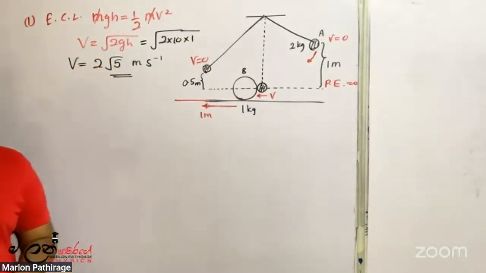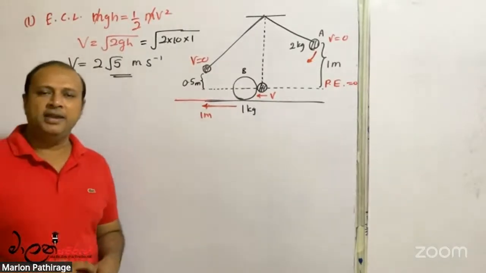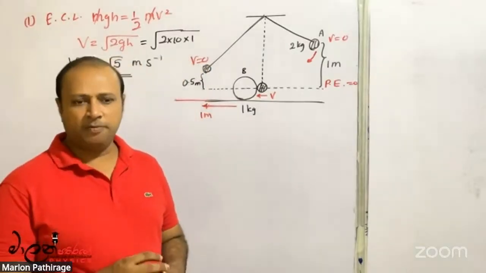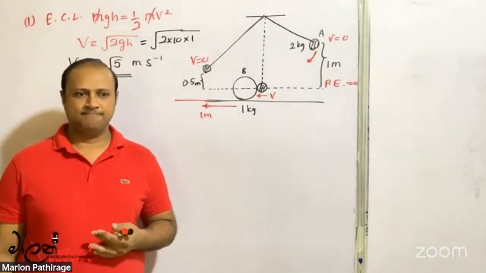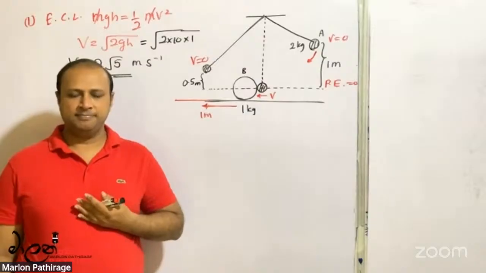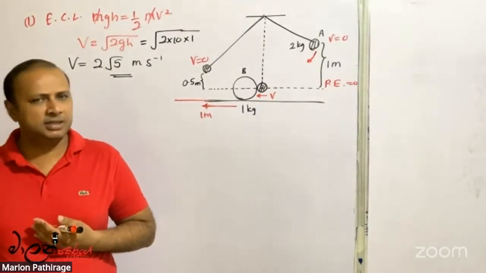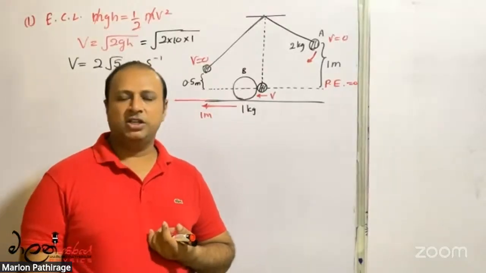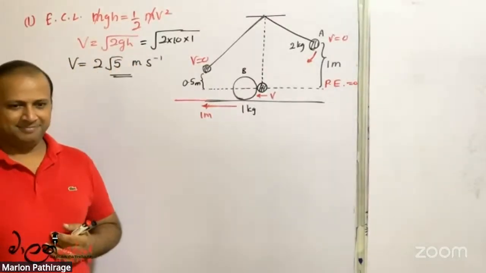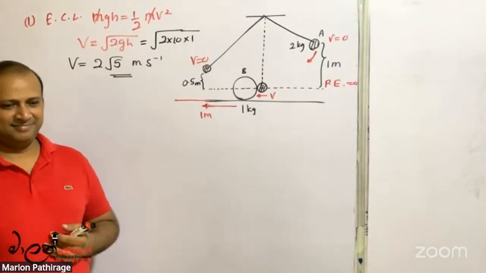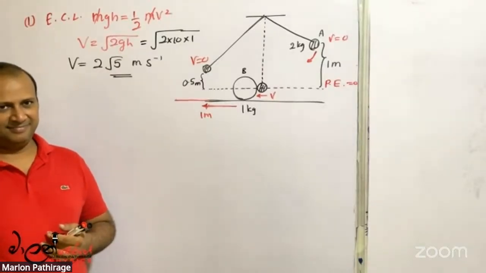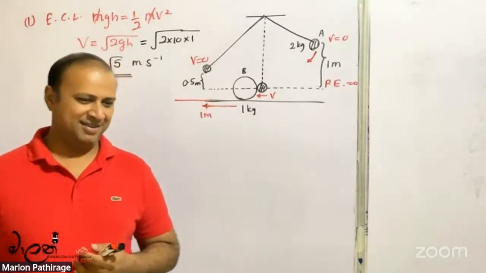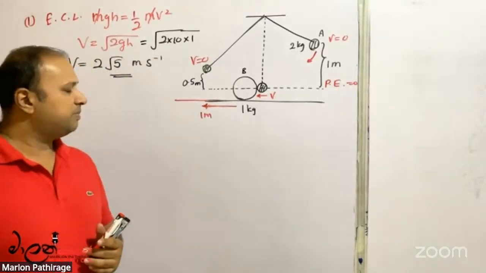So as it is an inelastic collision, can you apply the linear momentum conservation law? Can you apply conservation of linear momentum? Because this is an inelastic collision, can you apply that law?